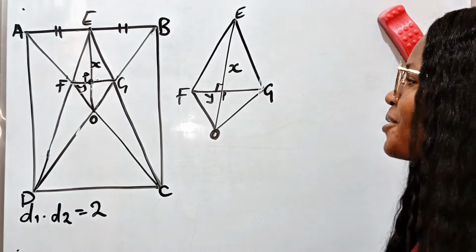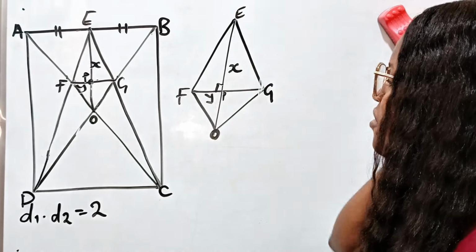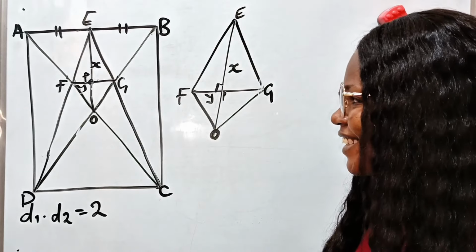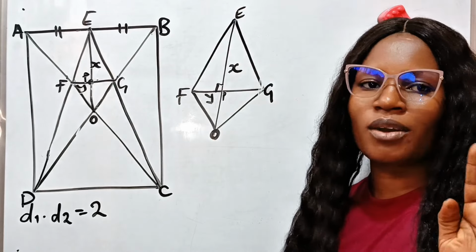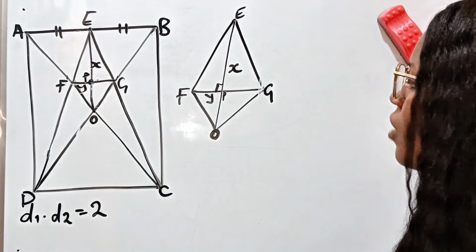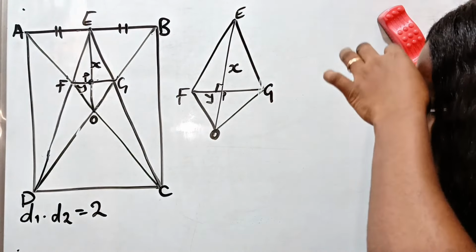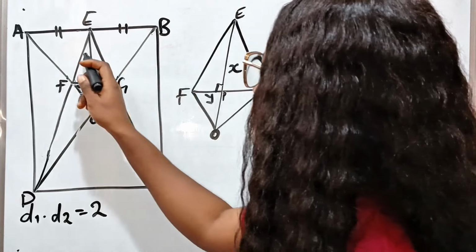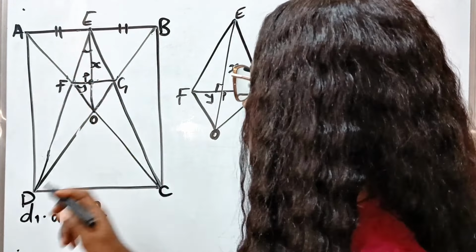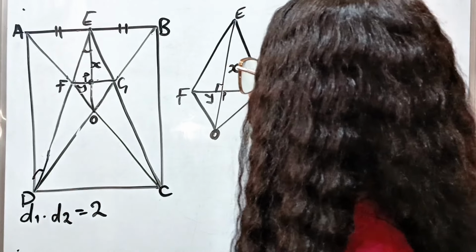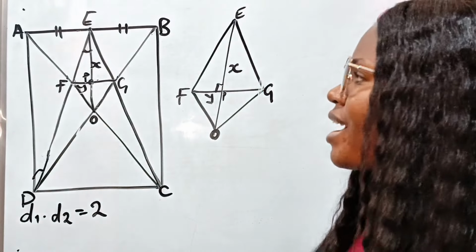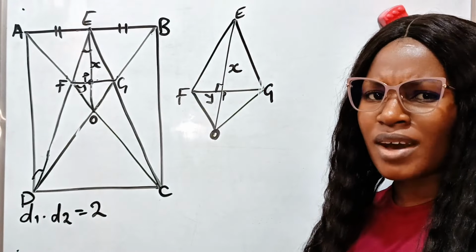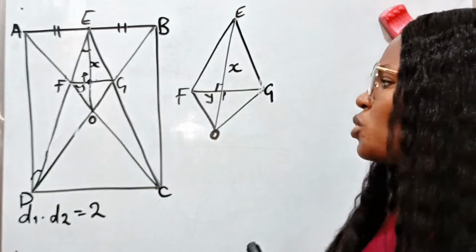Okay, how do we solve this? Where do we go from here? Now notice something: if you look at this particular triangle, this angle here and this angle here, these two angles are equal. Why do I say so? I want you to look.